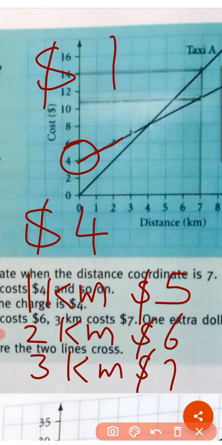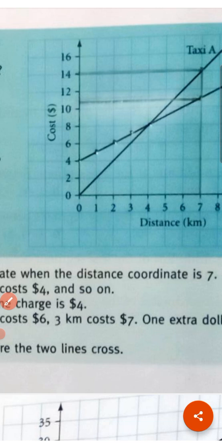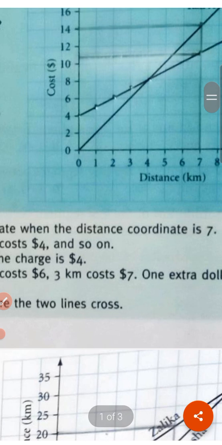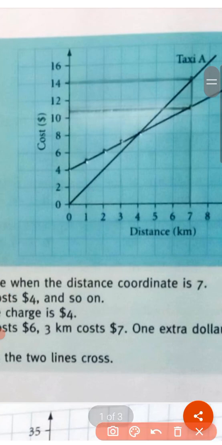Okay. Next, we have to find what distance will cost the same amount in either taxi. So children, we should find the meeting point of these two lines.